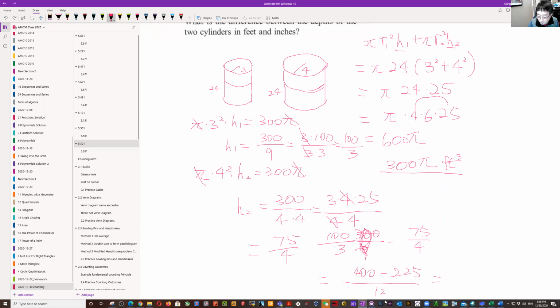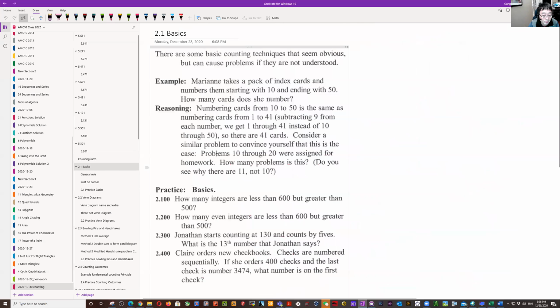That's going to be 175 divided by 12. 175 divided by 12 is 14 with remainder 7, since 12 times 14 is 168. So that's 14 feet and 7 inches. So basically that's the final answer.